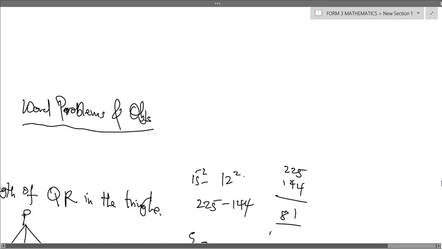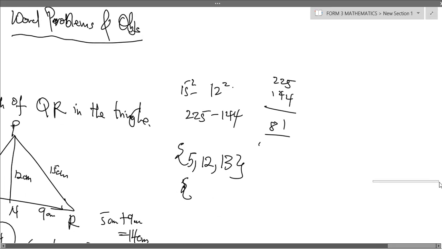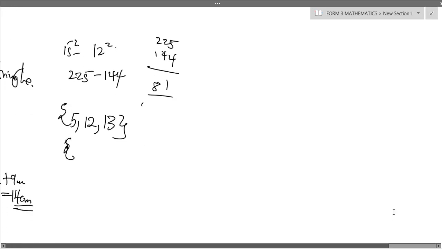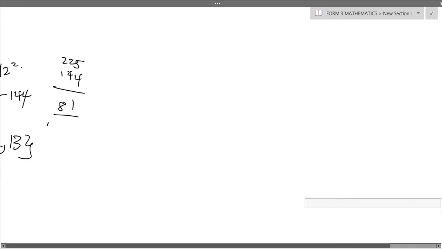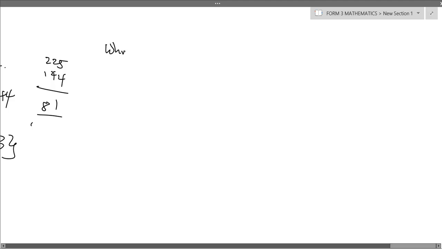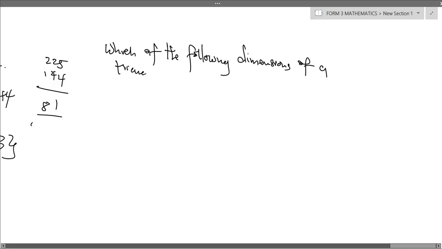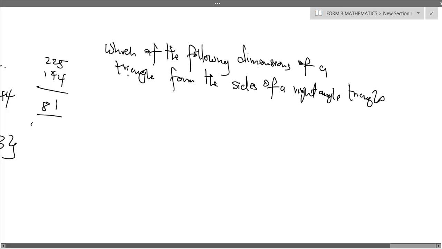Question 2. Which of the following dimensions of a triangle form the sides of a right angle triangle? This one is definitely talking about triples.